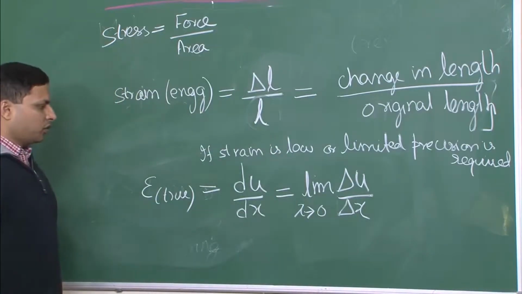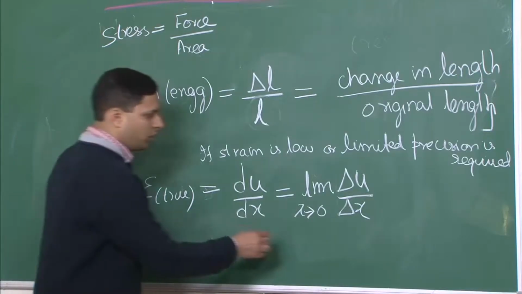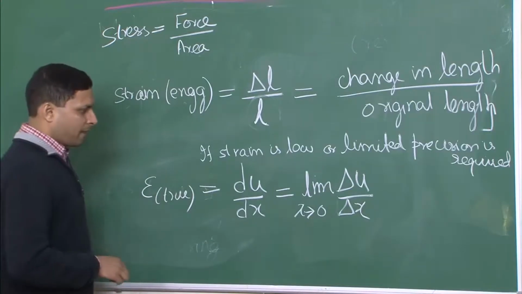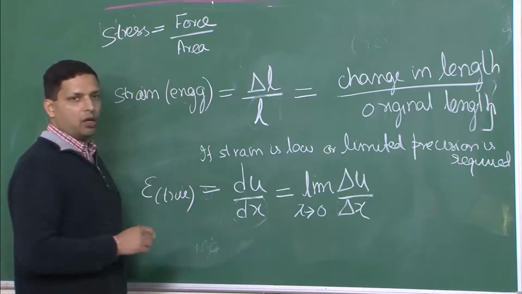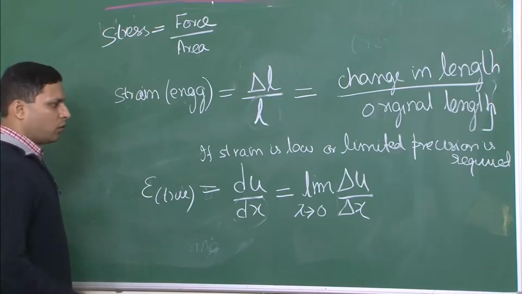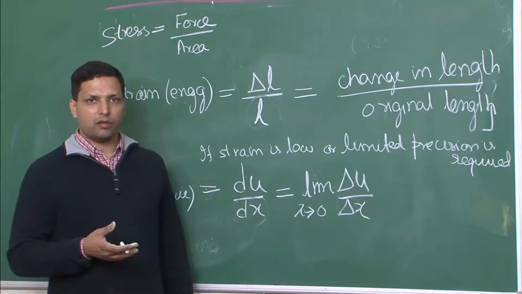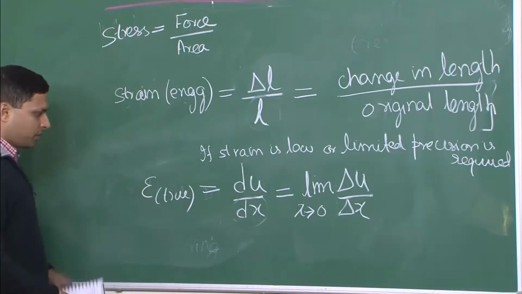This is the mathematical definition of true strain. It talks about strain at each and every point in time, and therefore also about change in the denominator, which earlier we were assuming to be a constant value. So, now whatever strain we get is a true representation of the strain, and therefore you can add it if you have multiple steps.